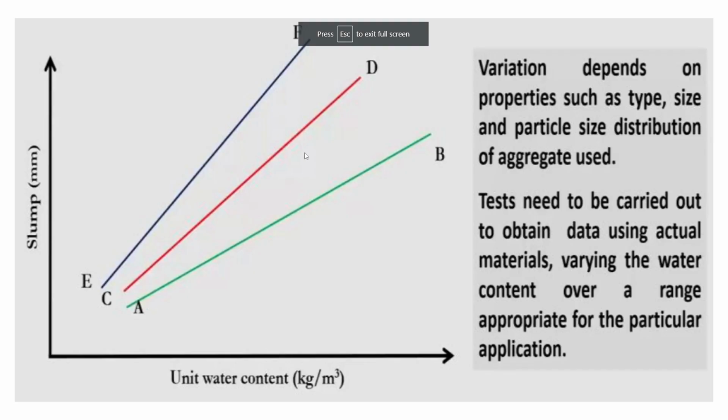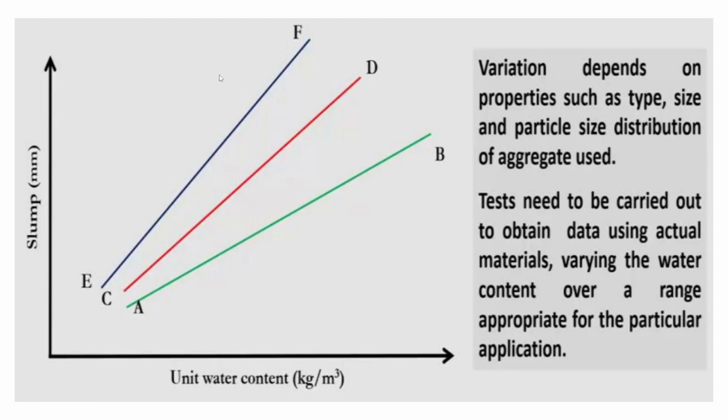Okay, thanks. So if we see this, it is a plot between slump and unit water content. We can assume the relationship between slump and unit water content to be a straight line. There are three lines drawn, which have different slopes. This is because properties of the aggregates, such as size and particle distribution, determine this slope.